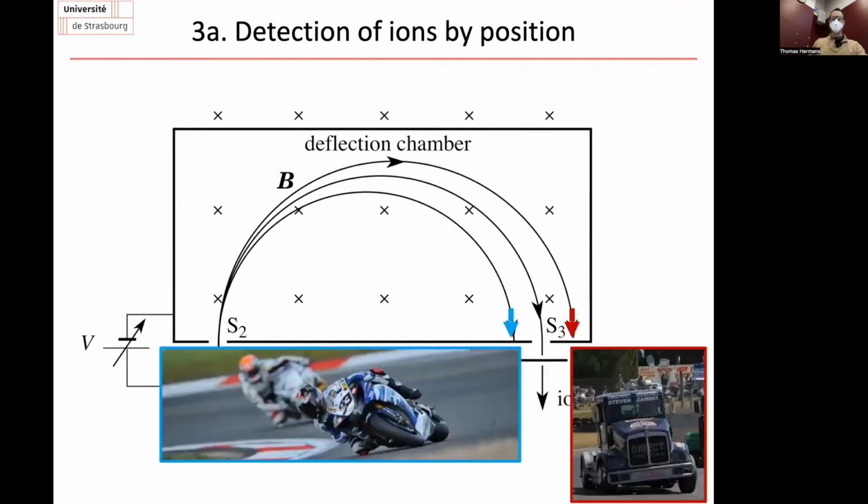You can imagine an analogy with racing. Someone on a motorbike who is lighter will turn sharper at the same speed than when you are heavier. By changing the voltage on the accelerator, I can choose which ions end up on the plate and which ones don't, which gives me a way to measure my different ions.